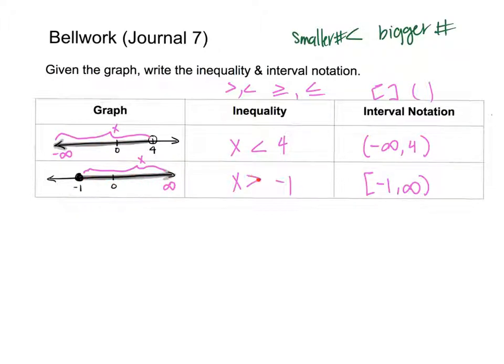So that's why you want to face the mouth of the inequality on the x, because x here is bigger. Also, we need an equal sign underneath this inequality because that is a closed circle. All right, that's it for this bell work. We're going to head on to today's lesson.